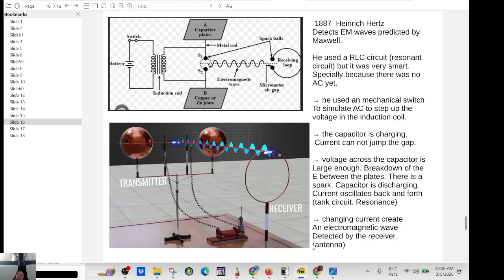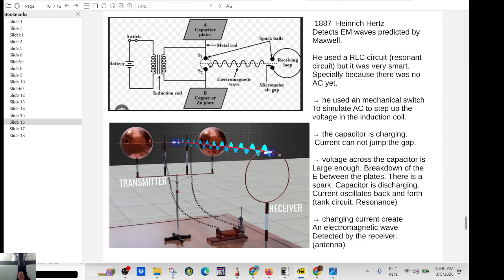Okay, a lot of applications. So that here is the setup used by Heinrich Hertz in 1887. Maxwell worked with his 4 equations, and he predicted that light was an electromagnetic wave.